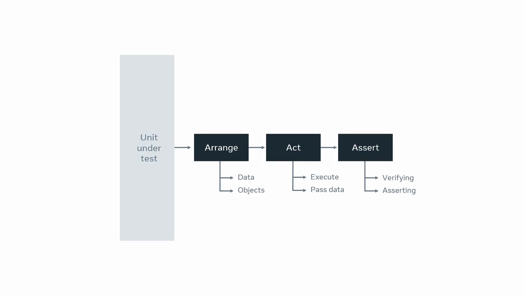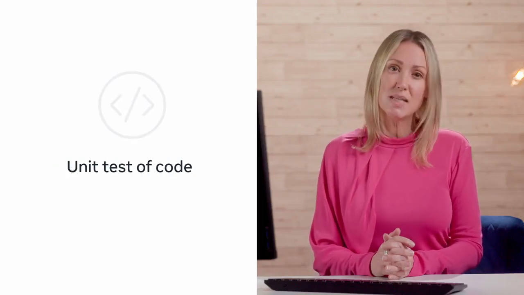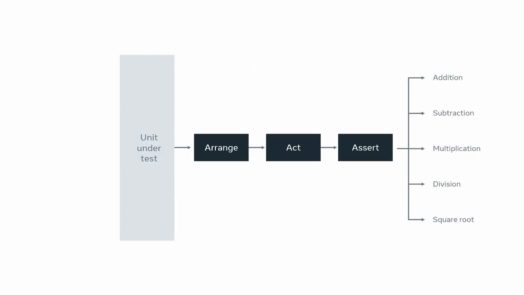If the data matches, then the test has successfully passed. Otherwise, the test fails. Let's say you develop a calculator application and wish to unit test your code. In that case, you would run unit tests to verify functions such as addition, subtraction, multiplication, and so forth.